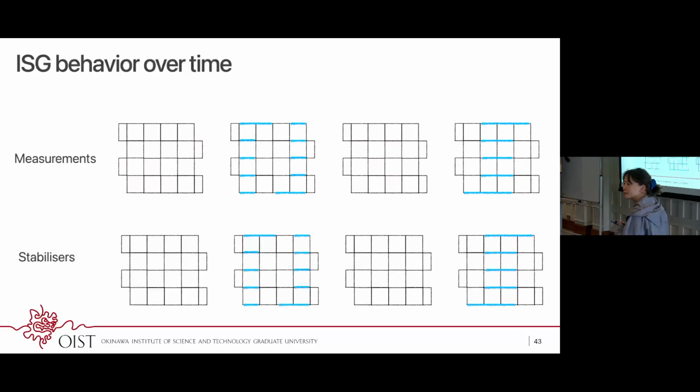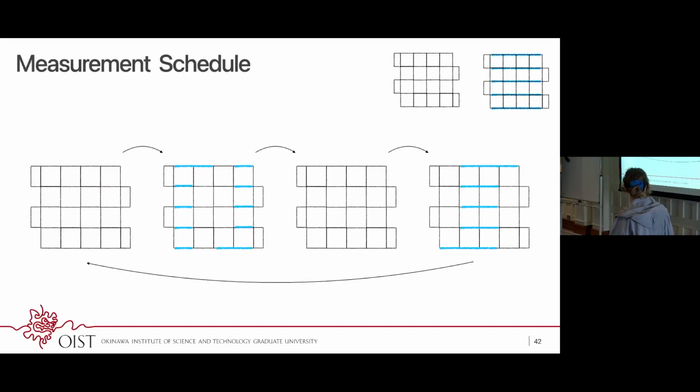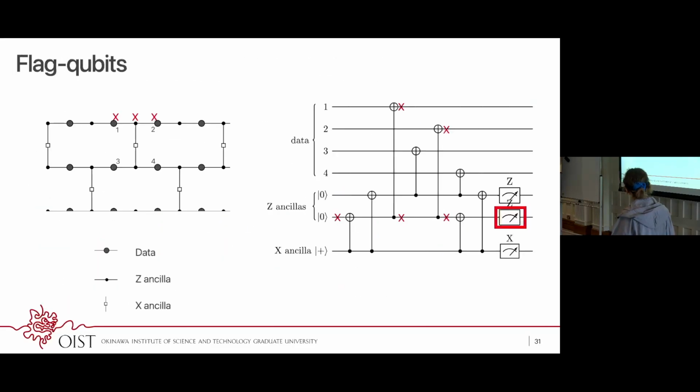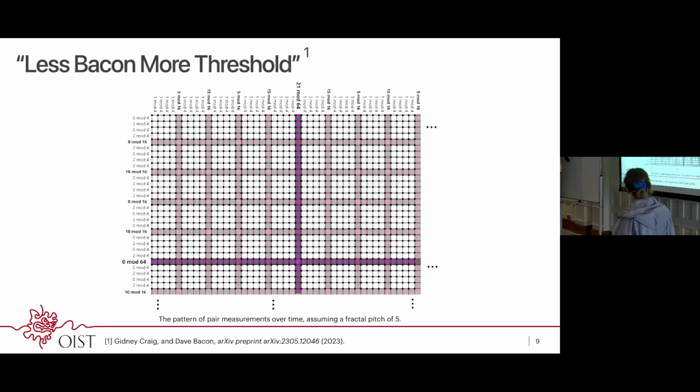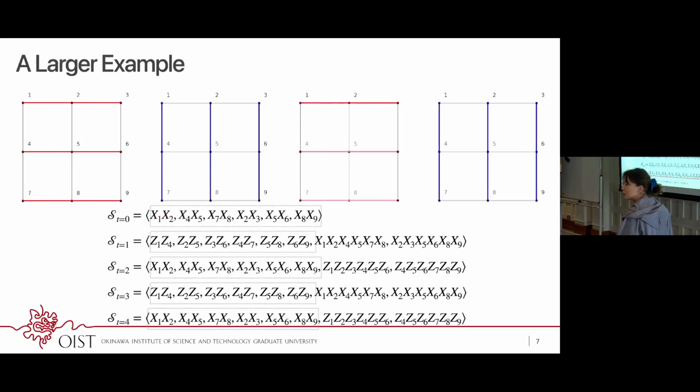I have a question on the basic Bacon-Shor code. The simple measurement circuits are just measuring the check operators, right? So why does long stabilizer weight in the ISG matter?